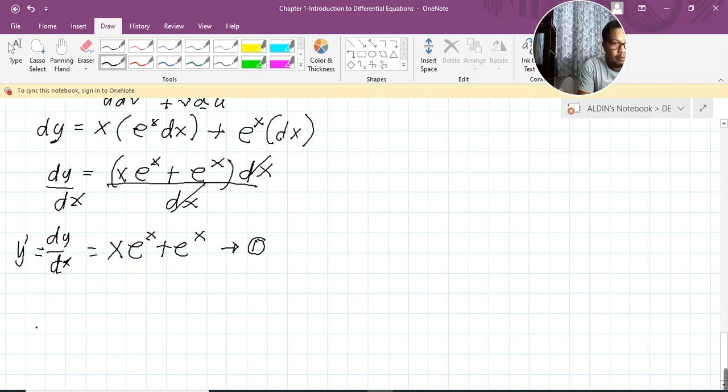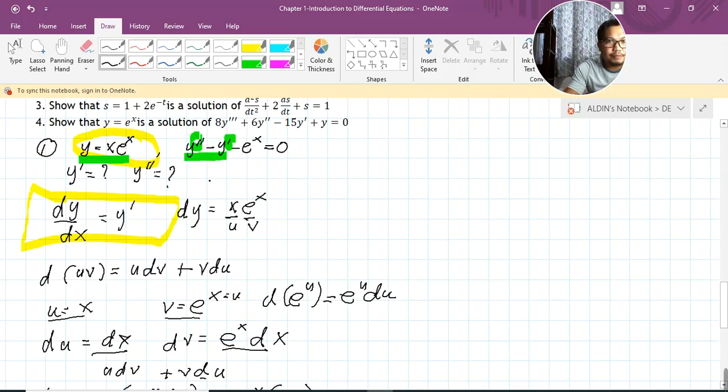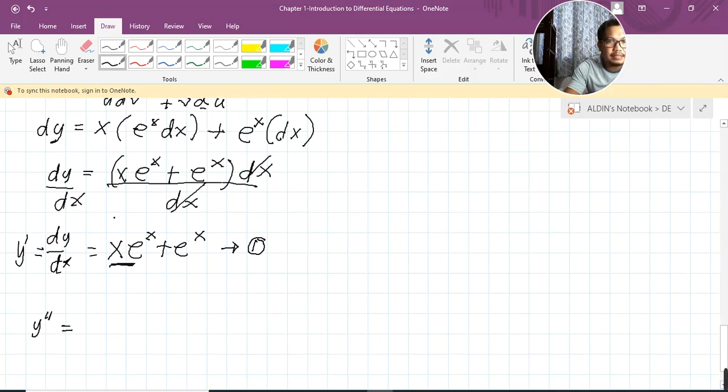Second derivative, I will use yung direct solution. Second derivative is equals to, still the same, ang derivative ng x e raised to x. Galing nito dito. Derivative ng x e raised to x is simply this.